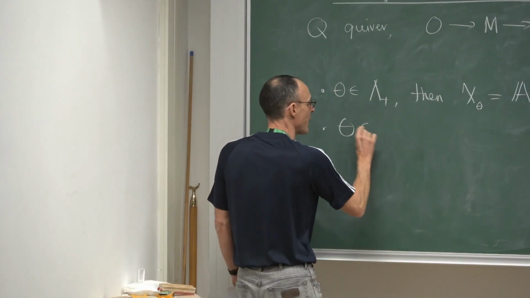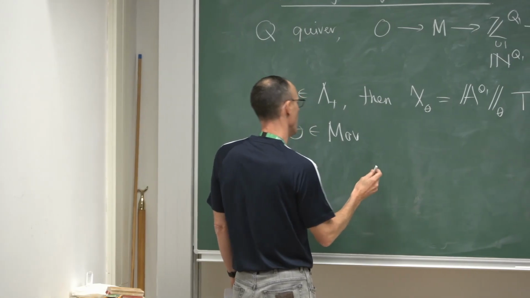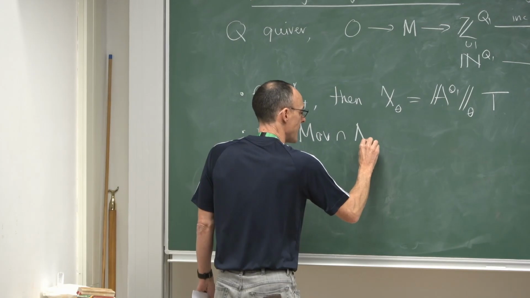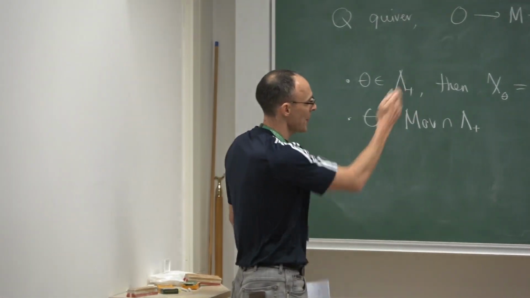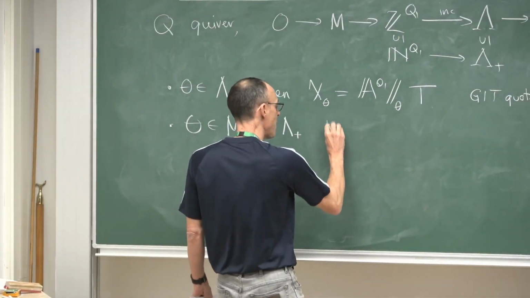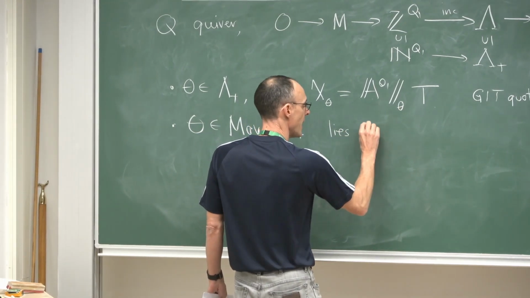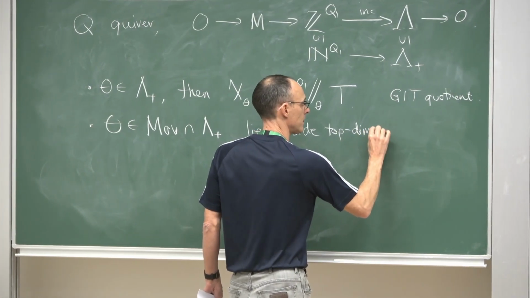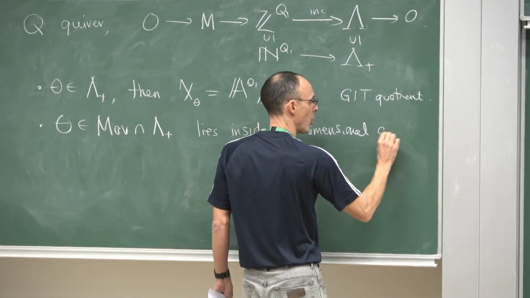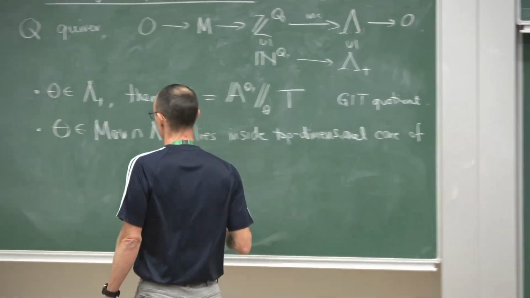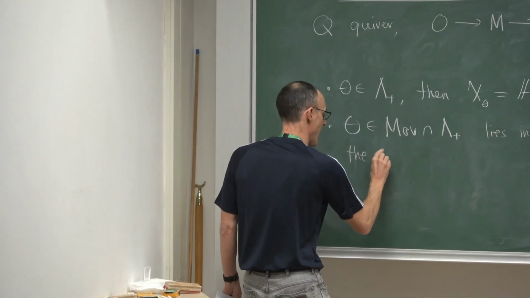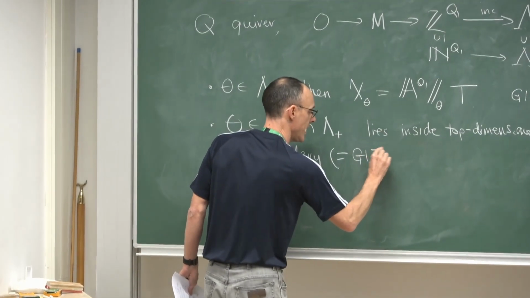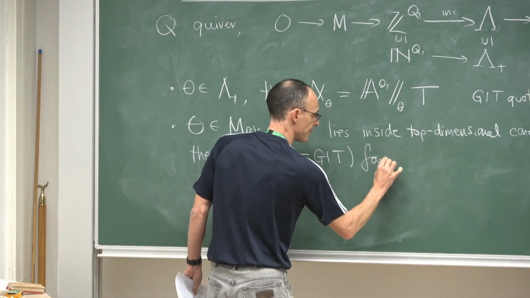And the other thing was, if I take theta in the movable cone, and perhaps I'll intersect, let's take an integral point. So let's stay within lambda plus. So assume that it lies inside a top dimensional cone, in the interior of what I called the secondary fan, and that's the right word for this context, but I'll also call it the GIT fan.